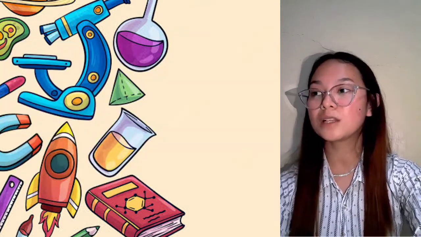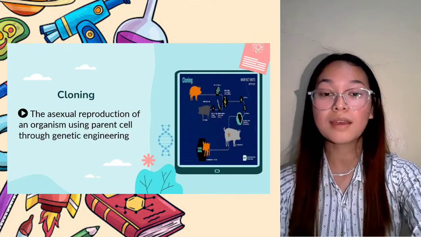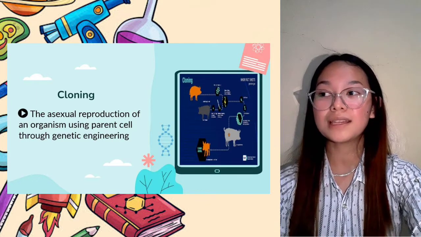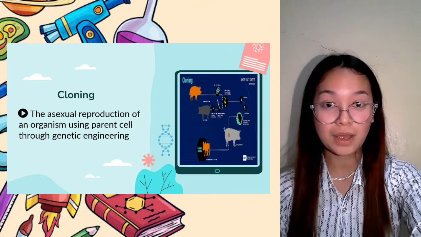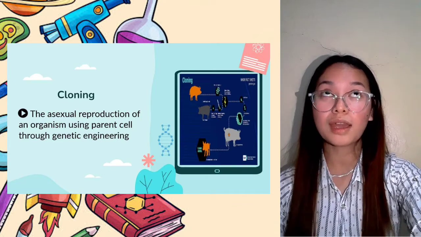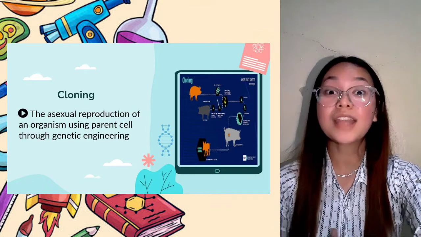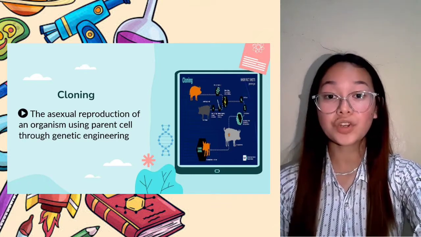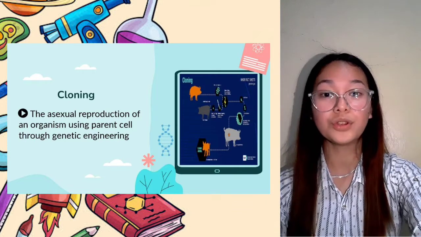And lastly is cloning, the asexual reproduction of an organism using parent cell through genetic engineering. So the first clone, Dolly the sheep, born to a surrogate in 1996, was a genetic copy of a 6-year-old sheep. So Dolly only lived to 6 years old herself.